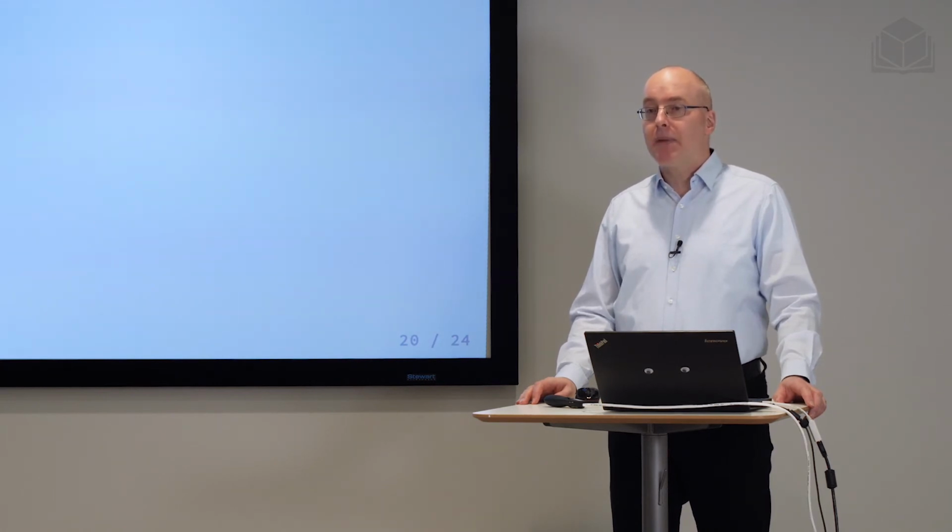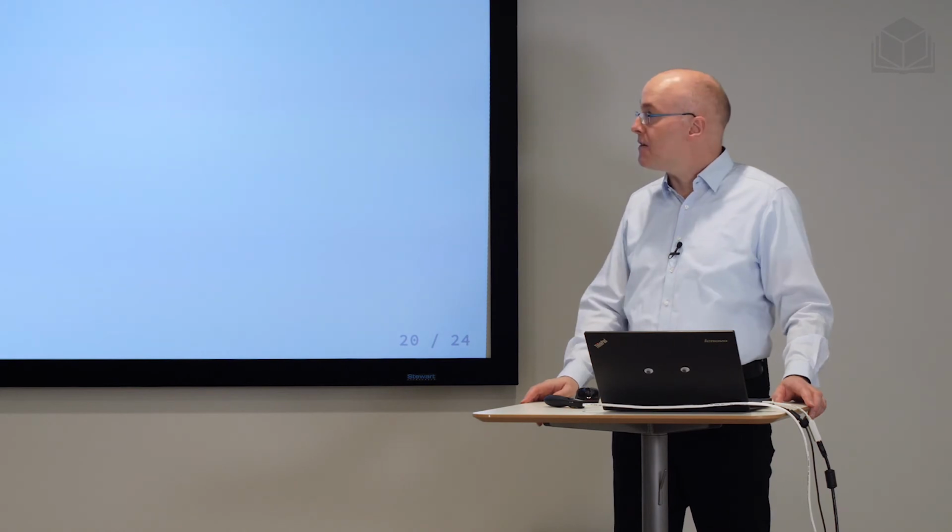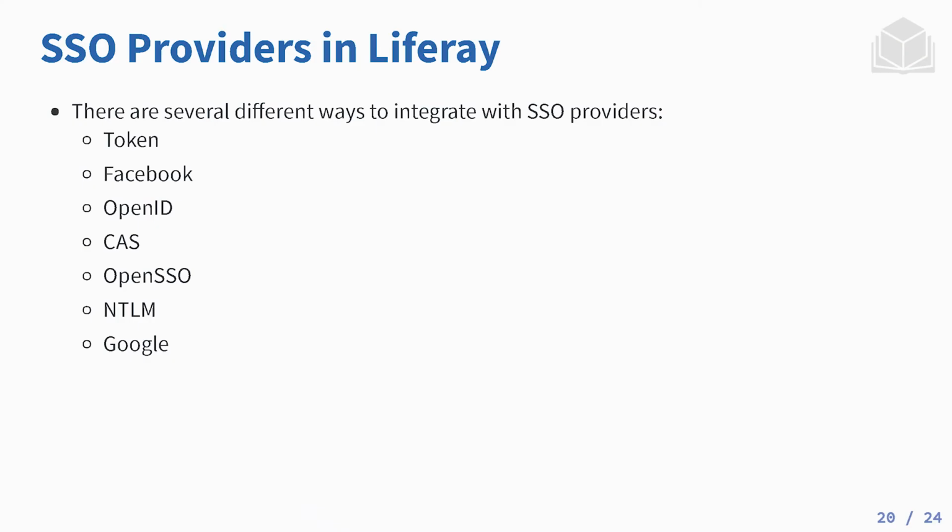If you actually implement some custom login to Liferay, my suggestion is to look at the single sign-on interface, because that's a well-defined software interface. And in the end, as you can see here, this slide contains 7 lines, 7 different systems that are implemented already.